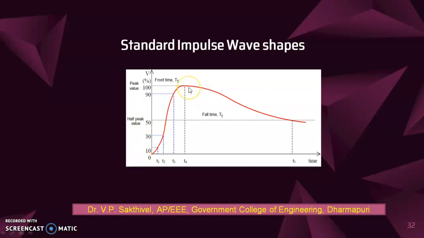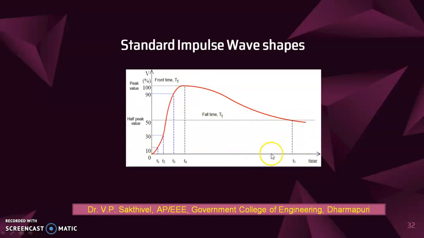Then another thing is the tail time or fall time. Here you see, draw a parallel line to the time axis at 50 percent. It cuts the wave tail here, and projecting it to the time axis, the time is T5.